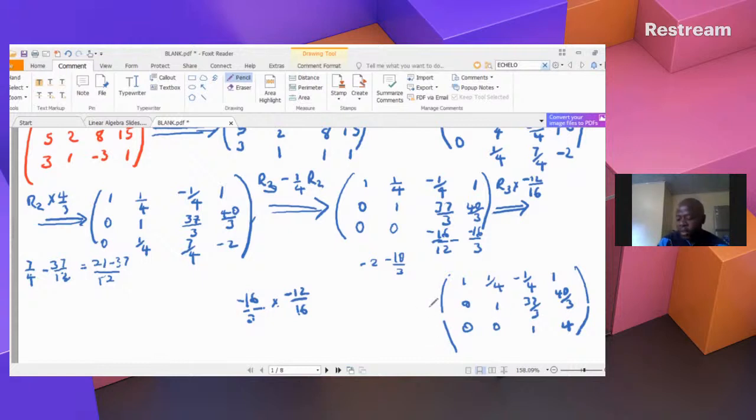Now let's solve a system of linear equations using Gaussian elimination. So I just do one example and we continue with the other examples next time.